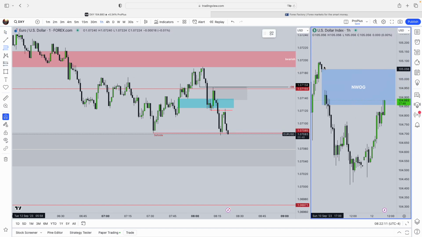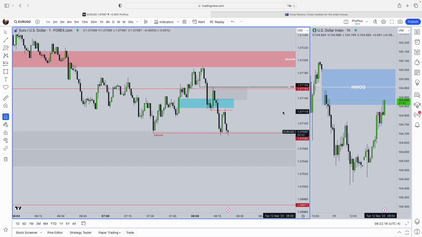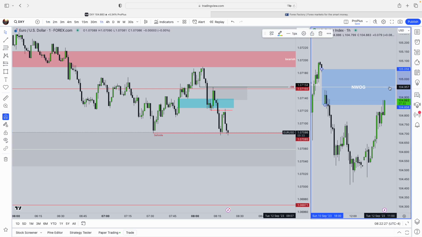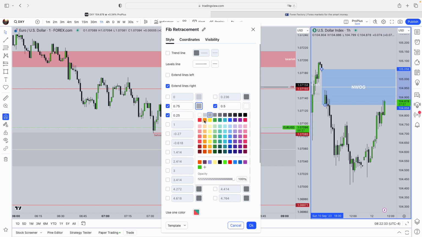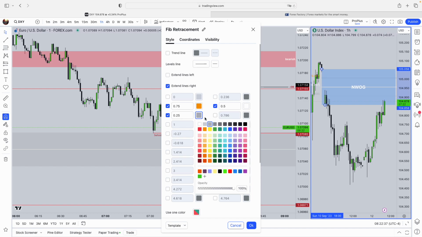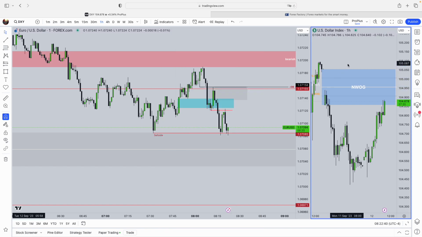And then again, consequent encroachment, running into it. Could get the quarter levels as well, actually. Make them orange and orange. So let's keep an eye on that as well.